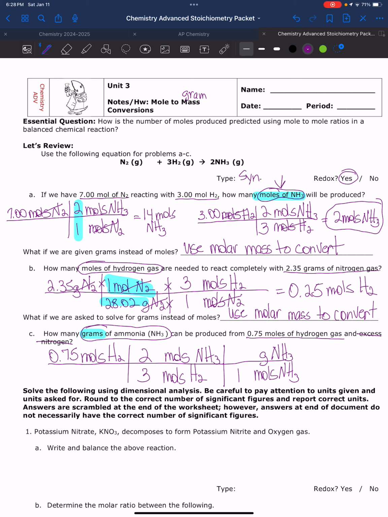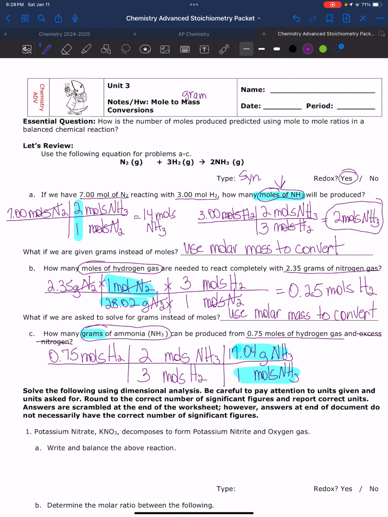So 0.25 moles of hydrogen. Okay, so 1 nitrogen is 14.01, and I have 3 hydrogens. So the molar mass of NH3 is 17.04 grams. Okay, so this right here is molar mass.